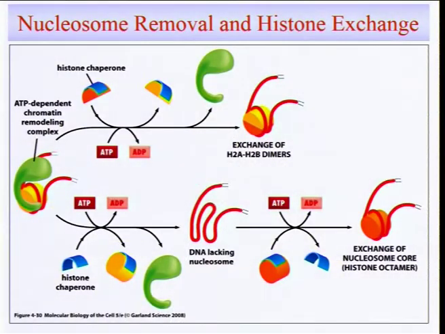They work in a variety of fashions. They either move the histones in cis along the DNA or completely transfer the octamer to another piece of DNA, hence releasing the DNA, and transcription factors can now bind. They can also exchange a dimer. So they could exchange the H2A, H2B dimer from the histones, for example.